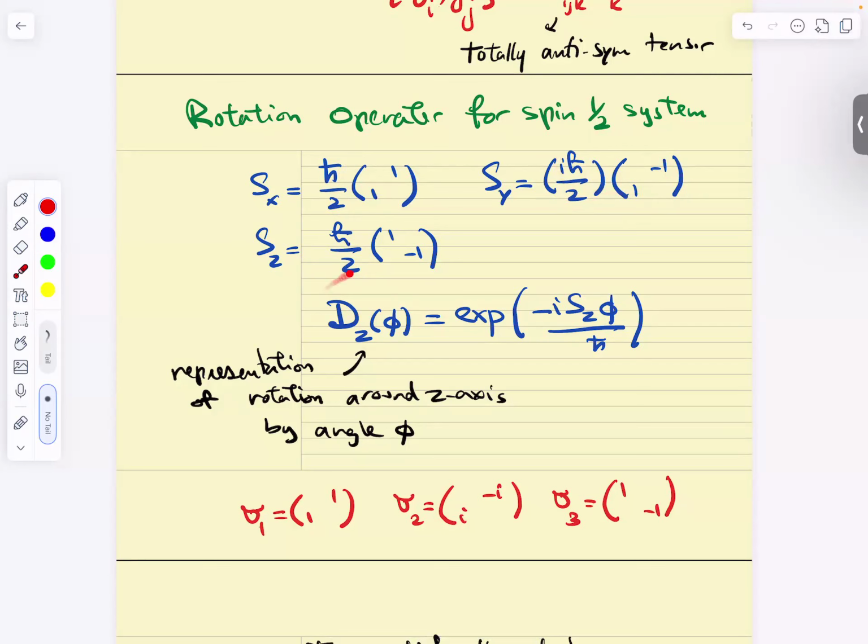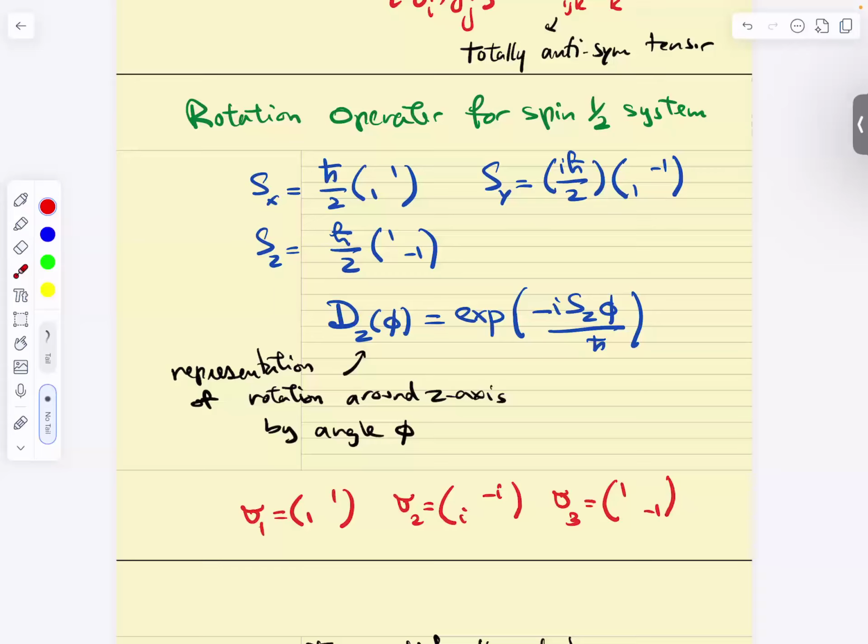All right, so the representation of a rotation, let me write it on the board. Rotation around the z-axis by angle phi is this: cosine phi, minus sine phi. I think minus sine phi is the notation of this book.